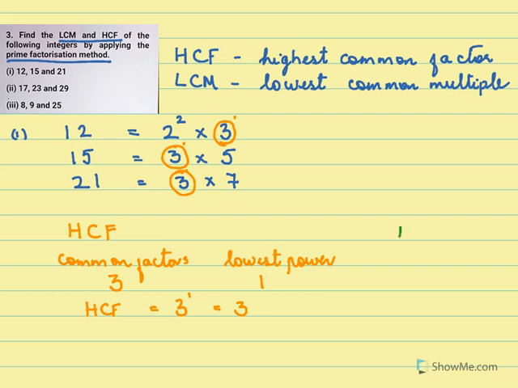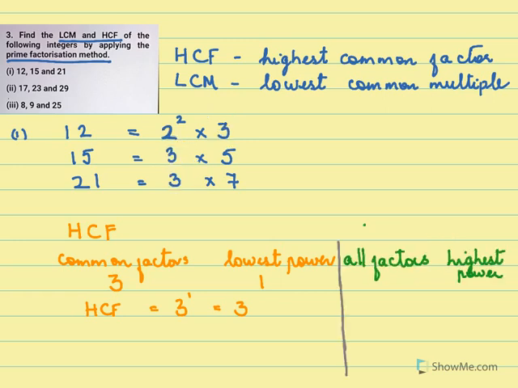Now to find the LCM, you write all factors with highest power. So we see there is one factor 2, then we have 3, all the different factors, then we have a 5, and then we have a 7. And we need to write the highest power. Look at 2, which is the highest power of 2? Here is 2, right?